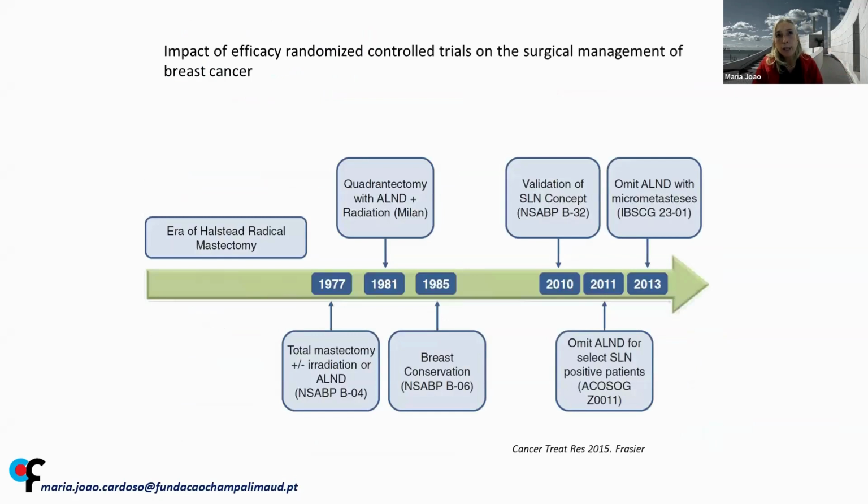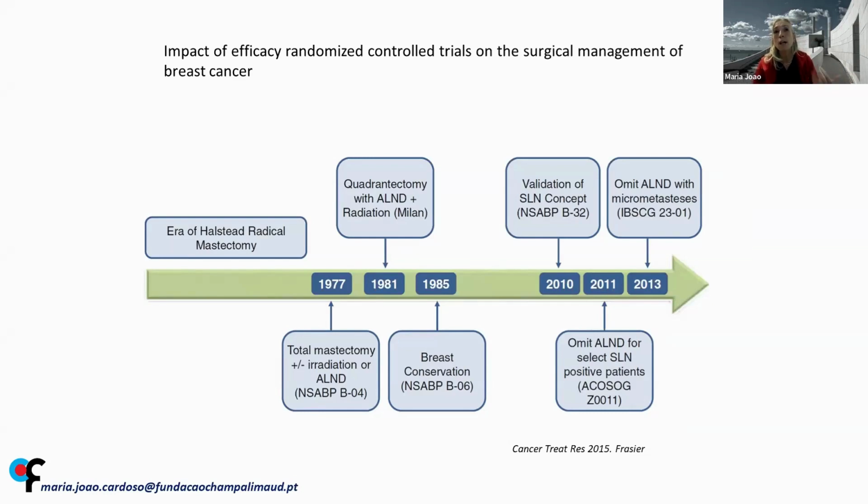Passing to my area, which is breast cancer. Breast cancer is always pilots in trials because we have lots of breast cancers. It's not because breast surgeons are better than the others, it's because breast cancers are very frequent, and we started working in teams using the multidisciplinary approach very early in the development of trials.